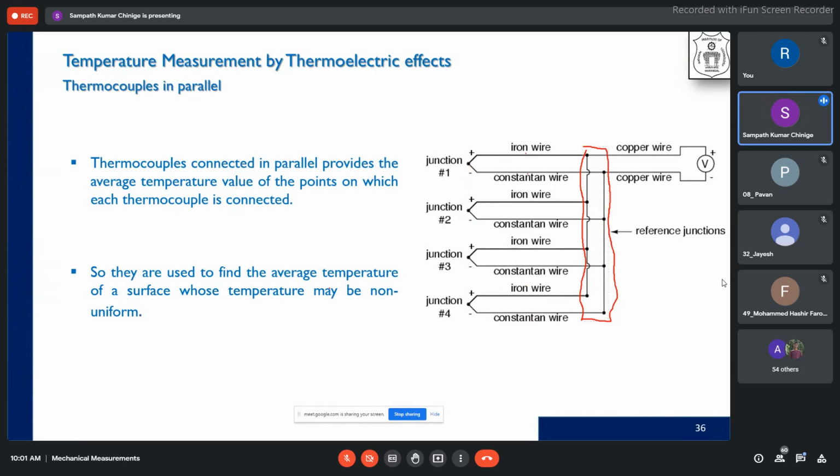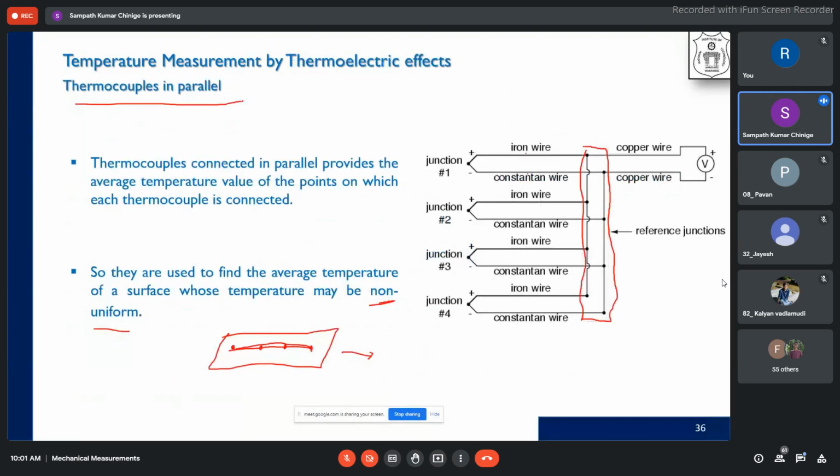In general, on a hot plate we don't get a uniform temperature everywhere; there is a small change in temperature. If you want to find the average temperature, we connect these thermocouples in parallel, and that will directly give the average value. So for non-uniform temperature surfaces, we generally use parallel thermocouples.